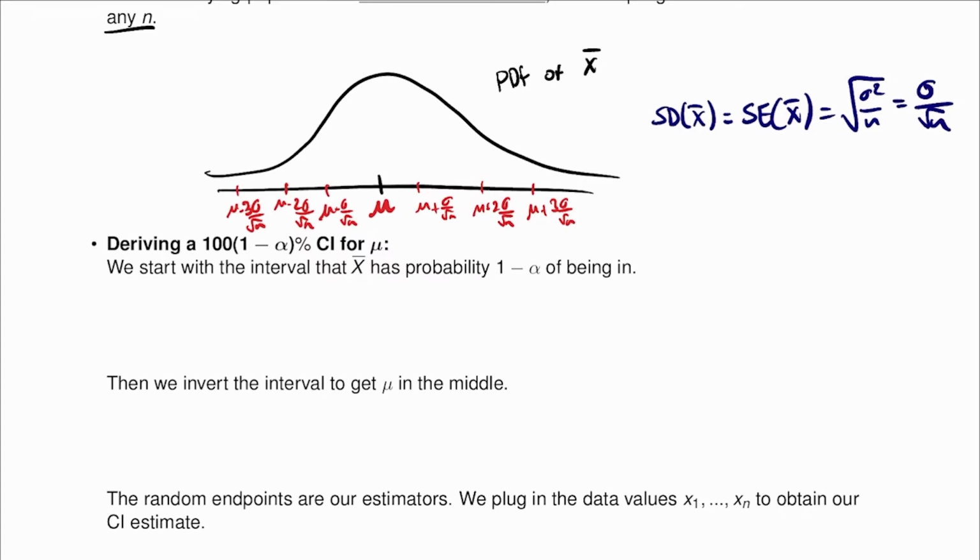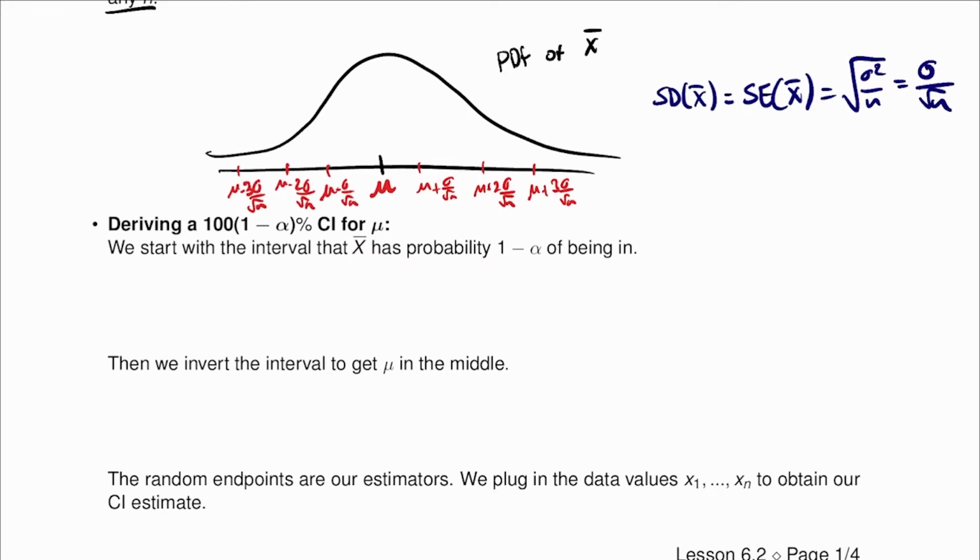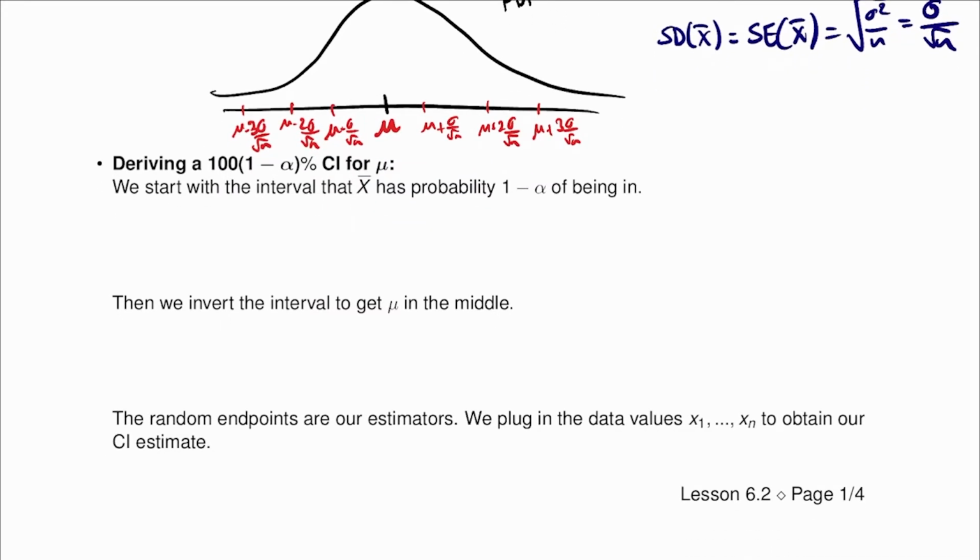So what we are going to do here is analogous to the case of the one proportion. So we start with the interval that x bar has probability 1 minus alpha of being in.